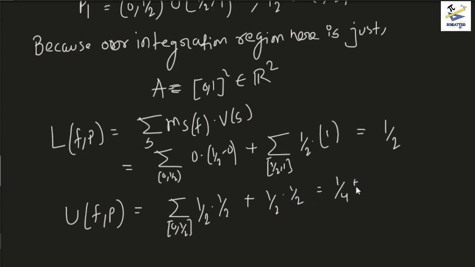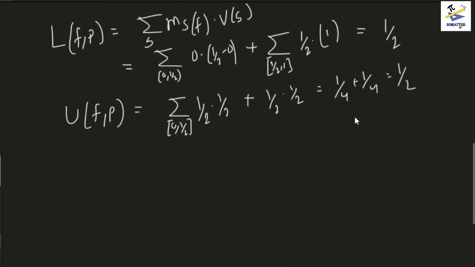So it is 1 by 4 plus 1 by 4, which is 1 by 2. We see the lower and upper sums are equal, and therefore the integral is 1 by 2.